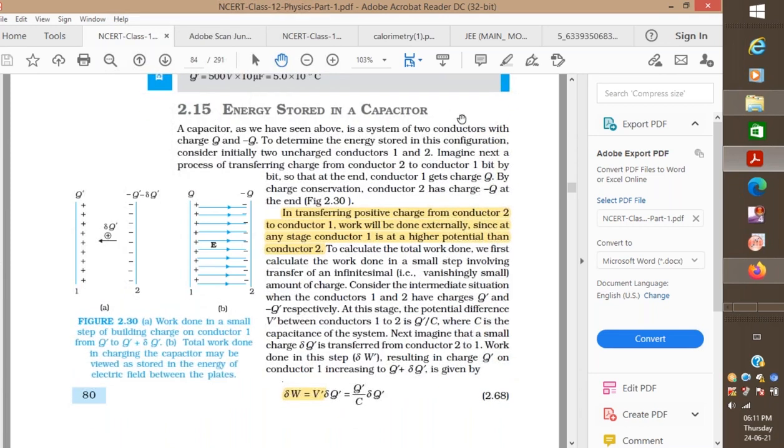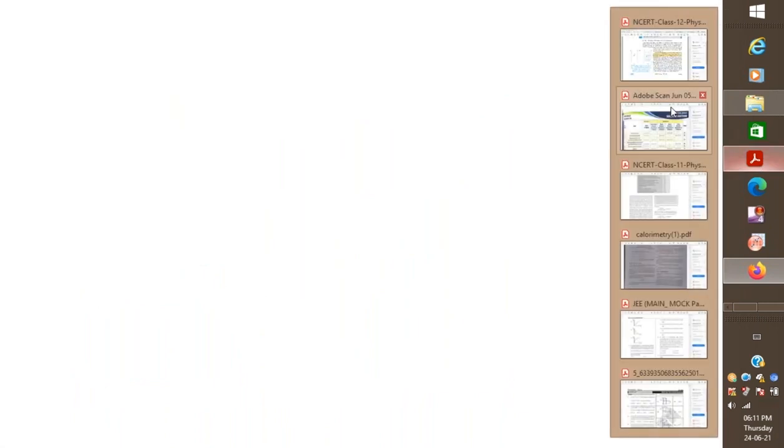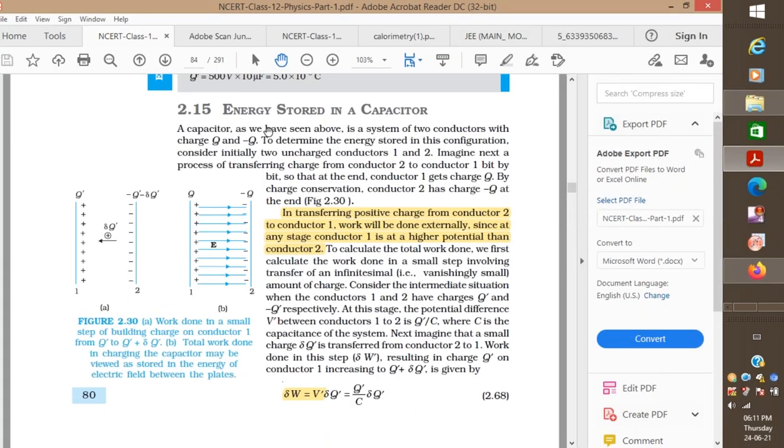The first topic is energy stored in a capacitor. How is energy stored in the capacitor? This is the mechanism we will learn.